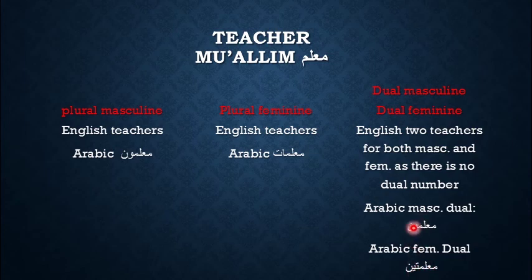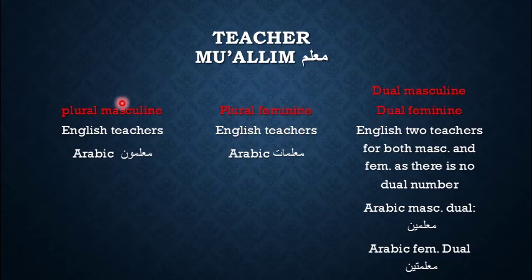So Arabic has different inflections for plural masculine forms, plural feminine forms, and for dual masculine and dual feminine, unlike English, which just has one form in all cases.